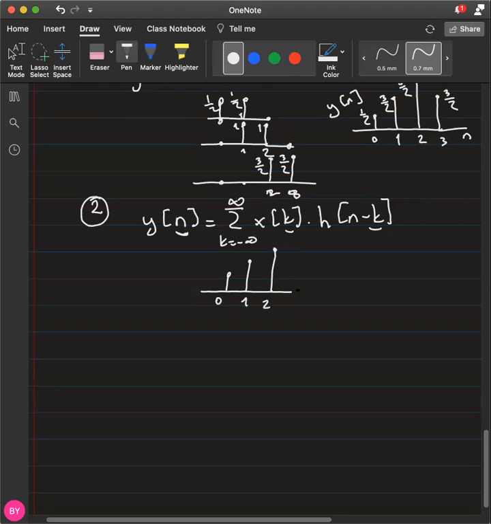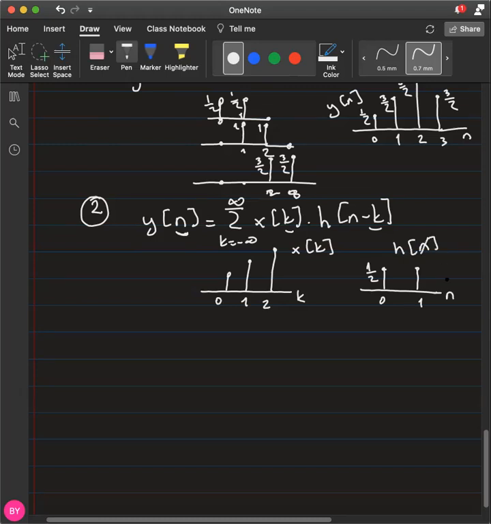Now it won't be x of n anymore. It will be x of k. Okay? So h of n minus k. So now in the next step, I will draw 0 and 1 and 1 over 2 as my n to start, okay, h of n.